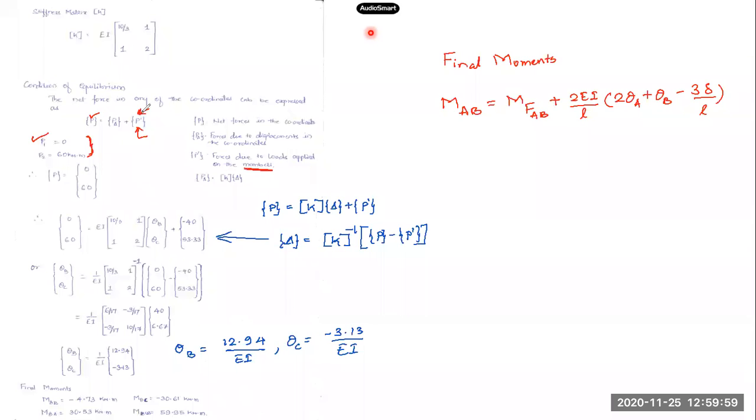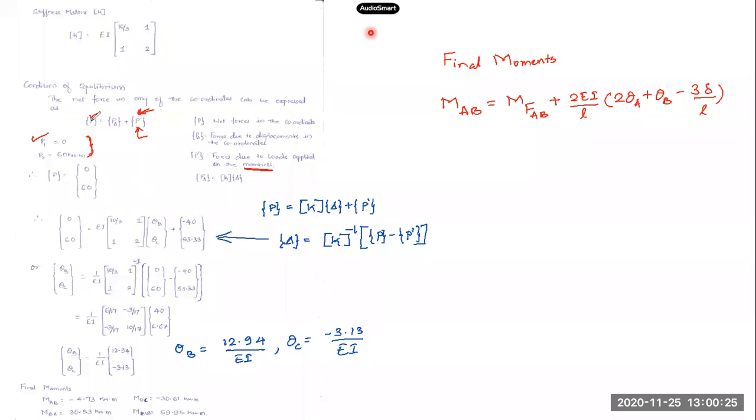It represents the forces in the coordinate due to loads applied on the member, whereas P represents the matrix due to the forces which are directly applied in the coordinate. P dash is forces due to the loads applied on the members. What forces will develop in the coordinate, that we are calculating here.